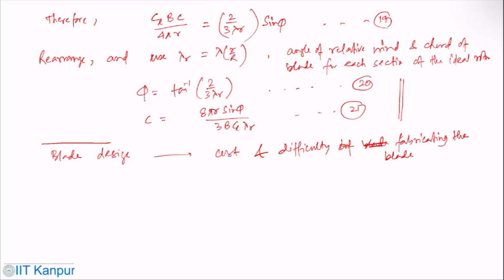An optimum blade would be very difficult to manufacture at a reasonable cost, but the design provides insight into the blade shape that might be desired for a wind turbine.